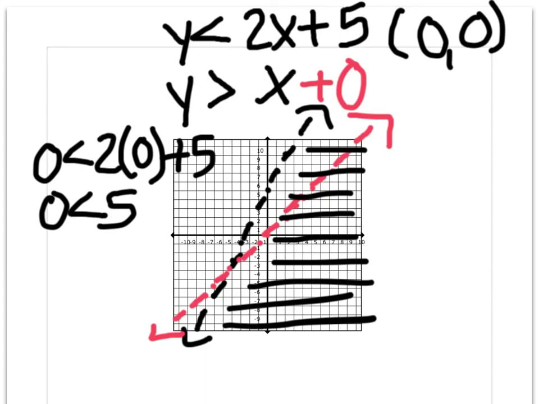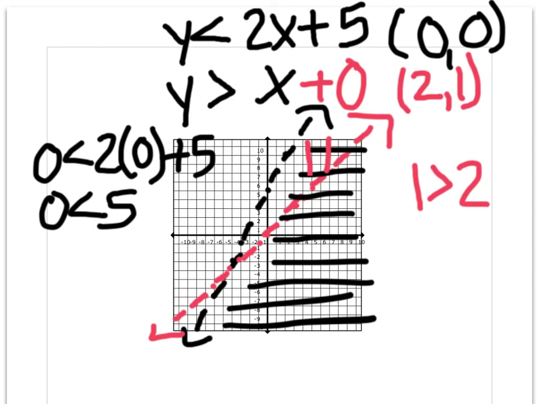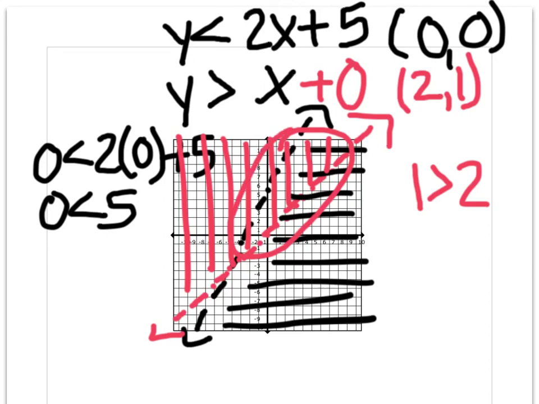So if we pick, say, 2, 1, which is not on the line, we have 1 is greater than 2, which is not true. So we pick the side that 2, 1 is not on, so that would be this side. So your answer is the two lines where they intersect.